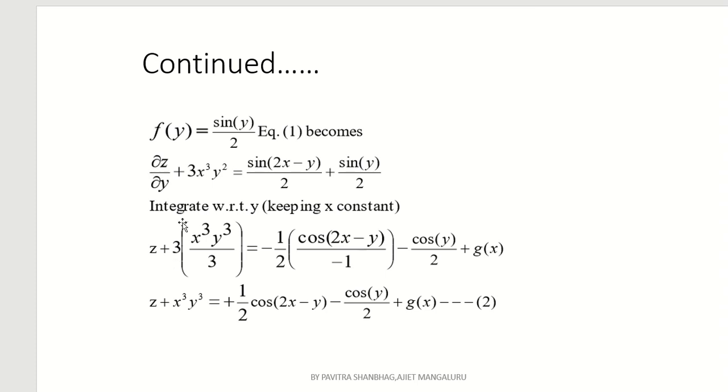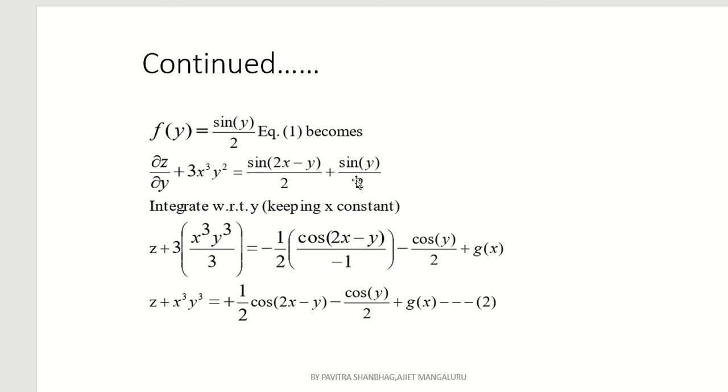Integrating with respect to y, z plus 3x³ with constant, the integration of y² is y³/3, so that 3 vanishes, equals the integration of sine of a function, that is minus cos of the function, minus cos(2x − y) divided by 2 already there. Integrating with respect to y, you multiply the coefficient of y in the denominator, that is minus 1.